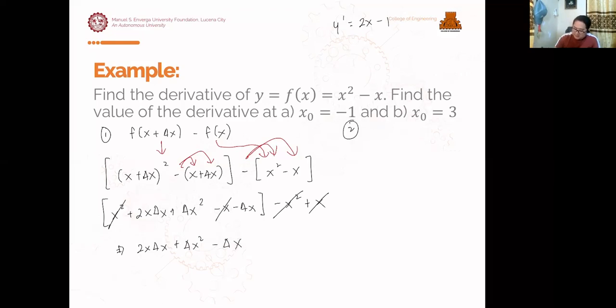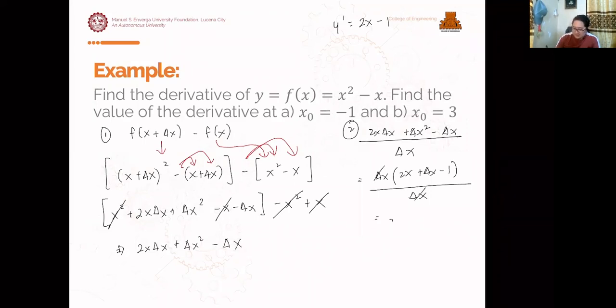Step 2. Di-divide daw natin siya by delta x. So, we have 2x delta x plus delta x squared minus delta x, di-divide daw natin by delta x. Para ma-simplify, i-factor out ko muna yung delta x sa numerator natin. Maging delta x times (2x plus delta x minus 1) over delta x, para mag-cancel out yung delta x. So matitira is 2x plus delta x minus 1. Third step natin, ililimit natin as delta x approaches 0 yung function na nakuha natin sa step 2.